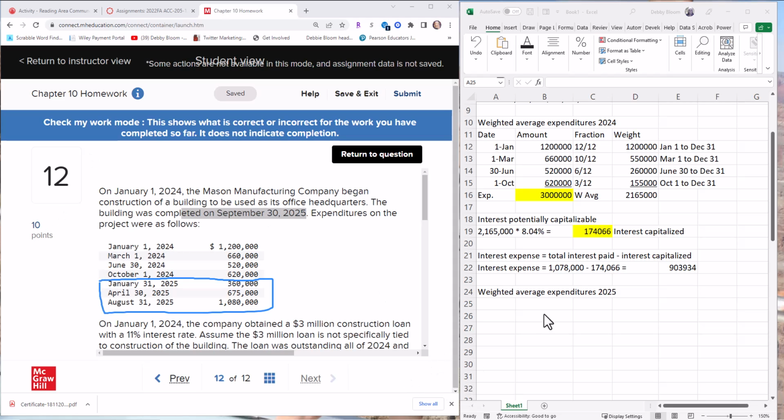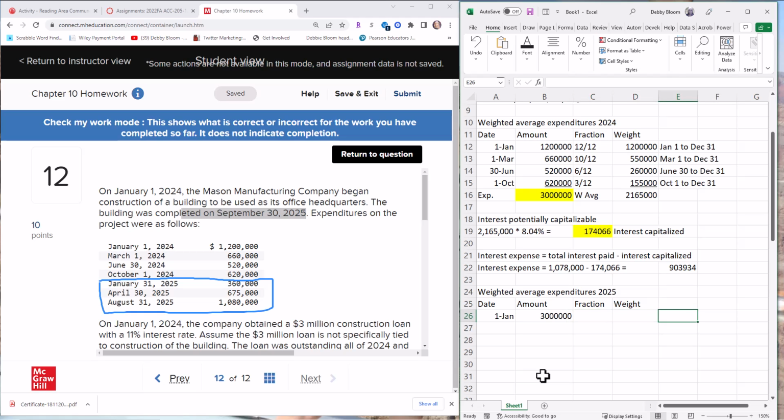I'm going to do the same thing that I did up above. I have my date, I have my amount, I have my fraction, and I have my weight. So the first one we're going to start off with is the expenditures from 2024. So on January 1st, our amount is going to be not the weighted average expenditures, the total expenditures of $3 million.